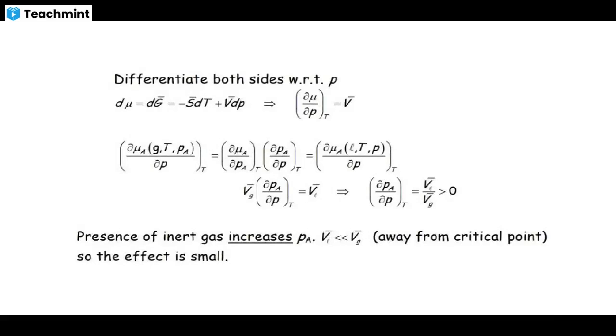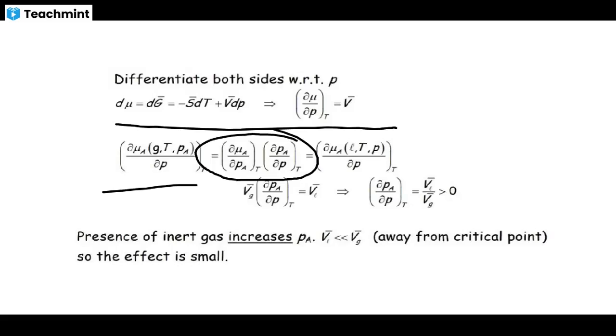With the same formula, differentiating with respect to pressure at constant temperature, you get V̄. You can write these two differentiations: first differentiating the chemical potential with respect to the partial pressure pA, and differentiating the partial pressure with respect to pressure, you get the same relation.